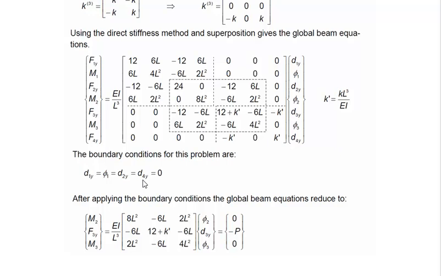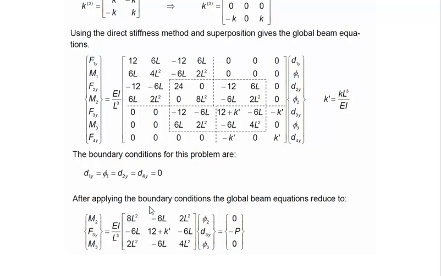And there is no question about the rotation at node number 4, because there is a spring element, so there is no question of the rotation. So you cancel the corresponding rows and columns from this force displacement relationship, and you end up with this 3 by 3 matrix. You take its inverse, take it on the other side, and then you can calculate the corresponding displacements.